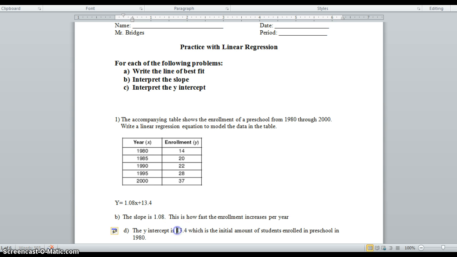And again, this 13.4 is the predicted, but the 14 was the actual observed number. But according to our model, in the year 1980, we could expect 13.4.